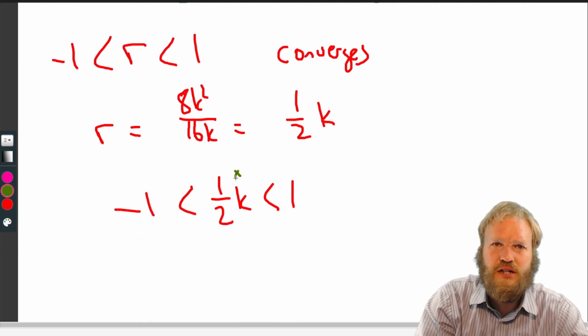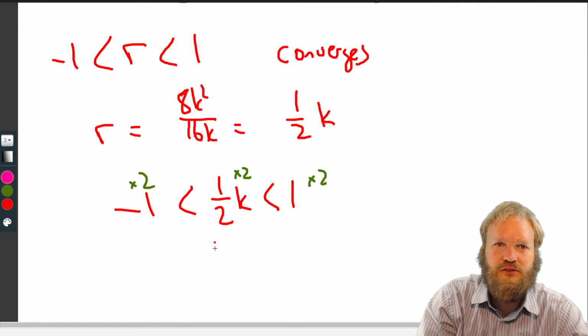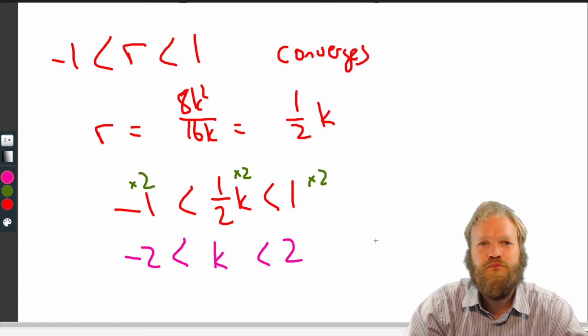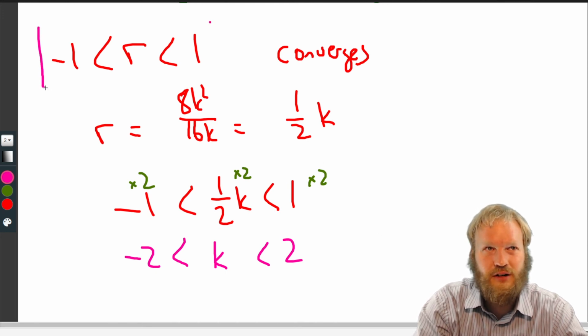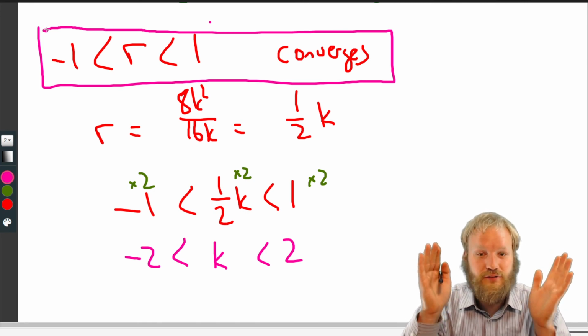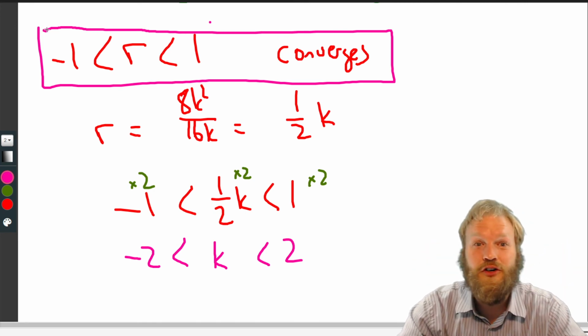Let's just times everything here by 2, so we get k, and k must be between -2 and 2. But the key part here is that r needs to be between -1 and 1 for the sequence to converge.